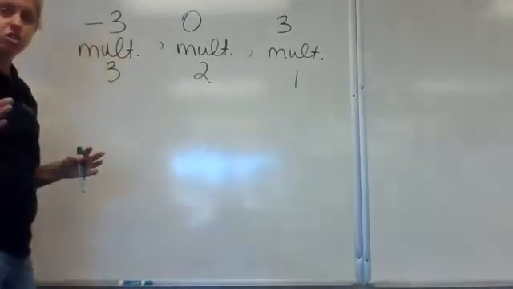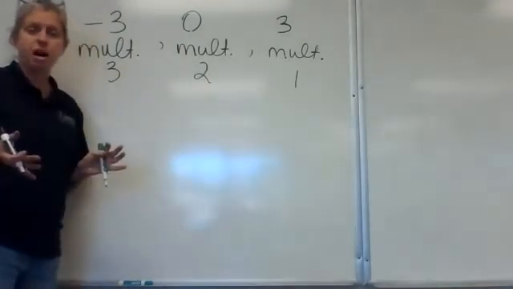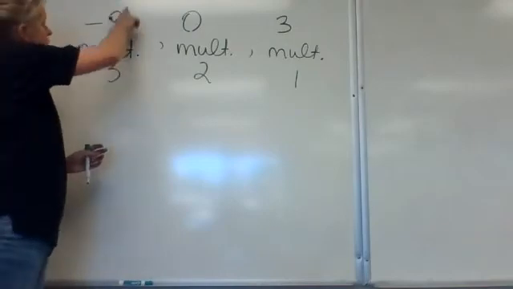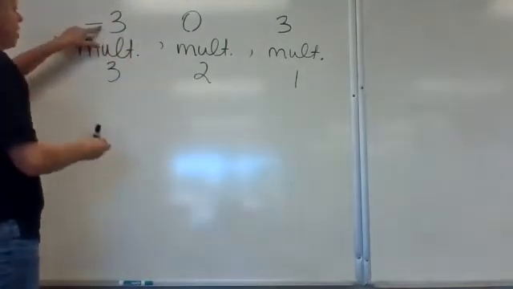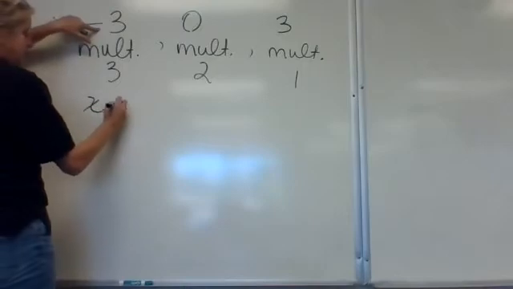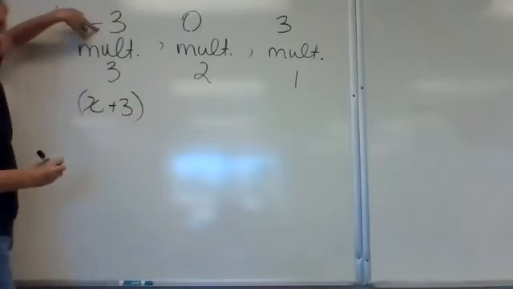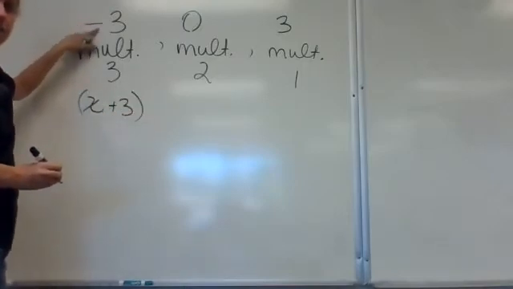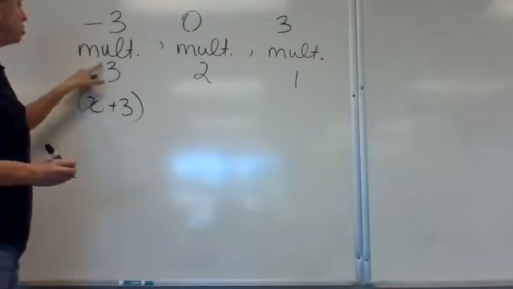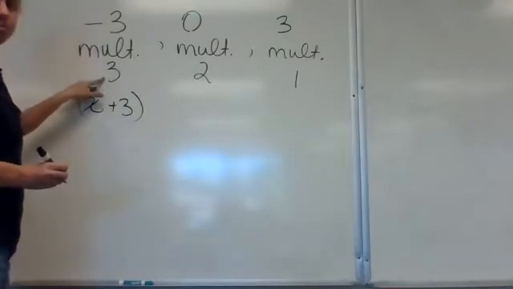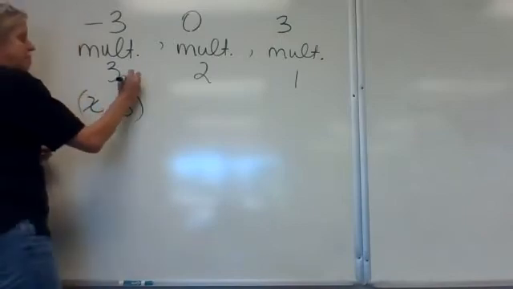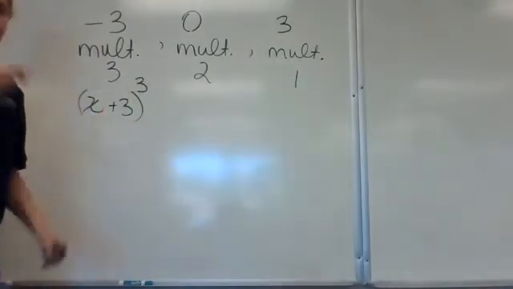So your factors are still coming from the same spot, right? Your factors come straight from what the 0 is. If the 0 is -3, that means the factor that it comes from is x plus 3. But remember where the multiplicity number comes from. The multiplicity number is the exponent of that factor.